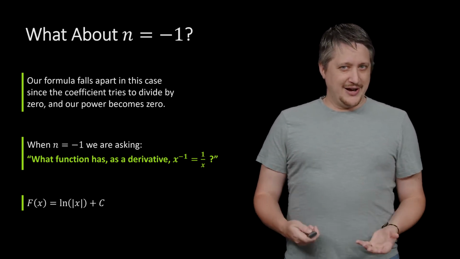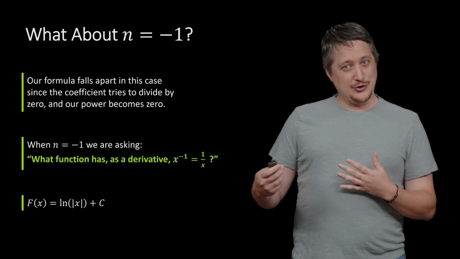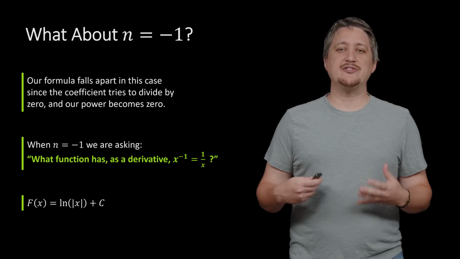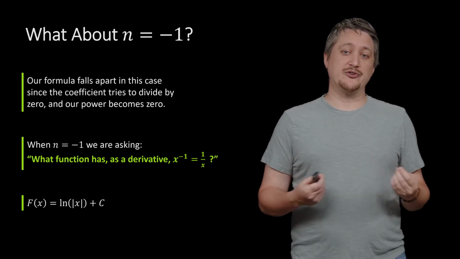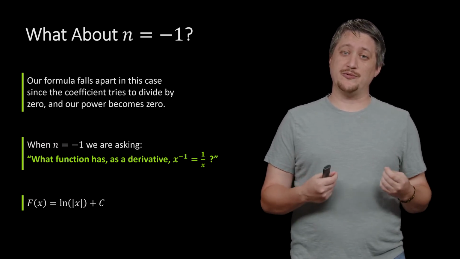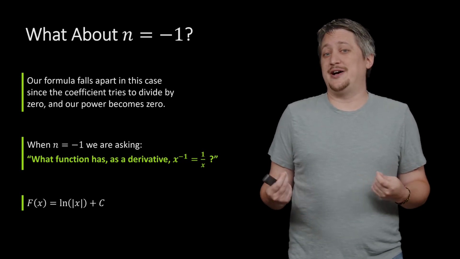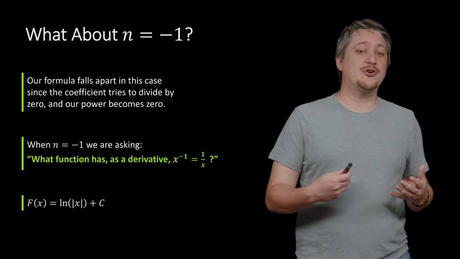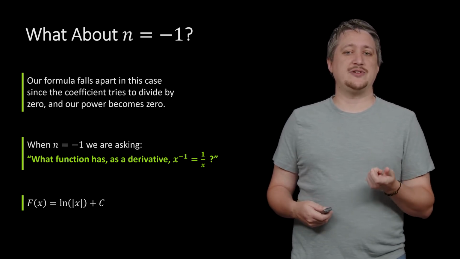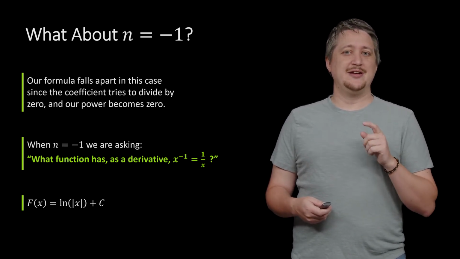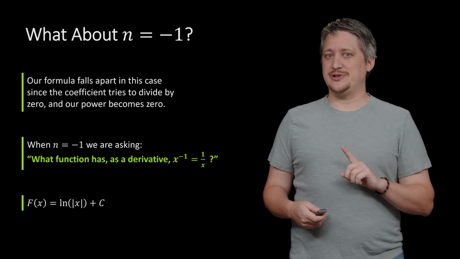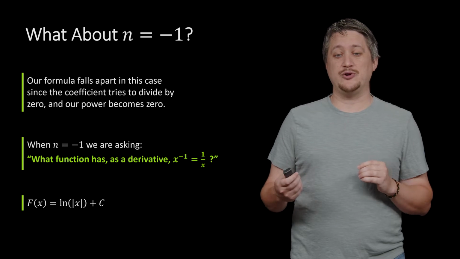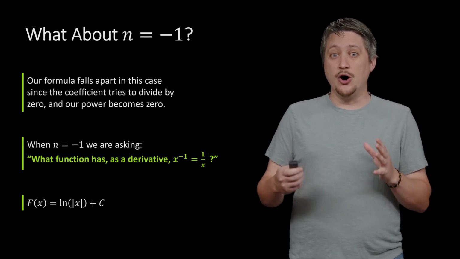A lot of the time, it turns out in practice that when you're trying to reverse the process and get the antiderivative for 1 over x, you really only want the positive side. In practice, it is usually the case, which is why a lot of the times these absolute values get dropped, not because they aren't actually there, not because they're not important, but because we already know that the input has to be positive for some other reason, right?